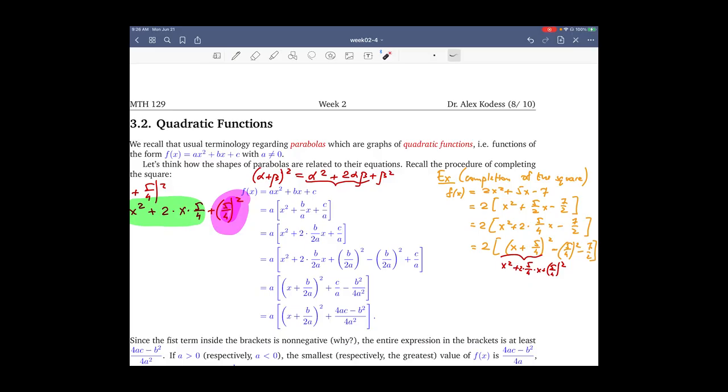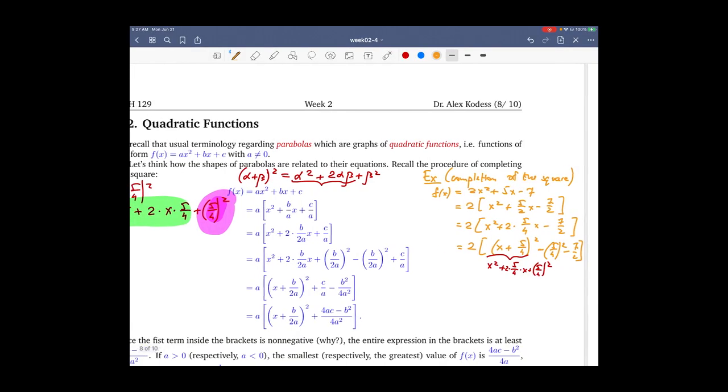In general, we have x and we have b over 2a, and so we write this as square of x plus b over 2a. That will result in the extra term b over 2a squared, but to compensate for that, we subtract that term. See how these two terms cancel out. The rest is simply combining the like terms.